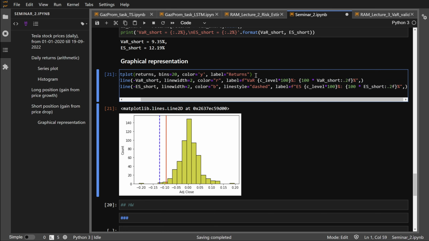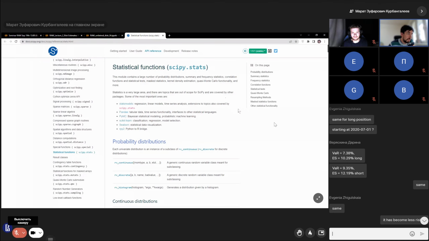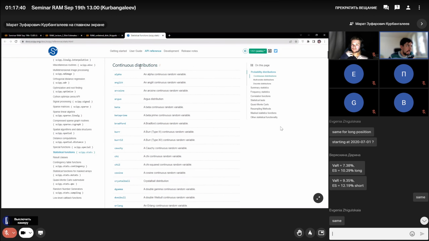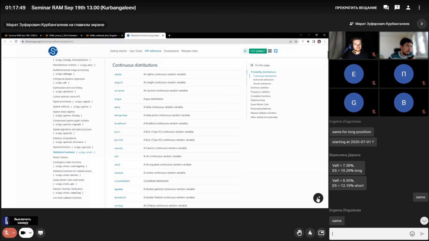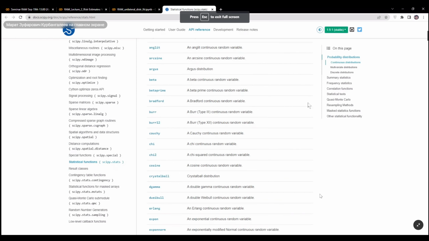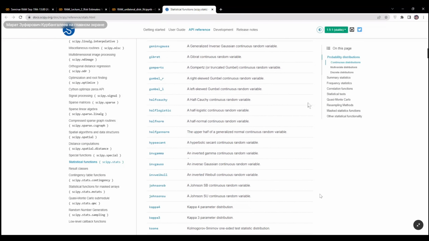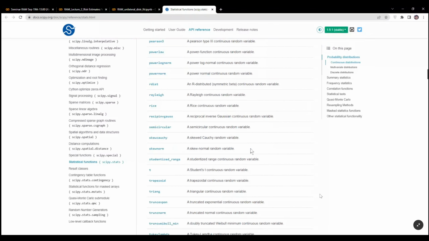So here is a description of the stats module that we use. And here you can find the list of continuous distributions that are implemented in this module. So you can see here, for example, the t distribution that we've been using.